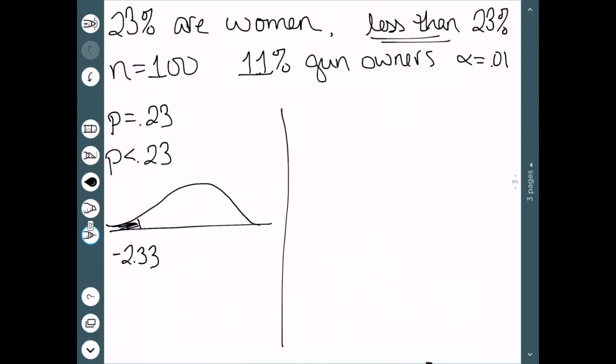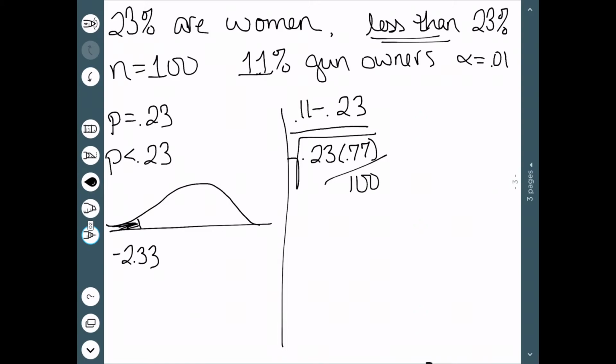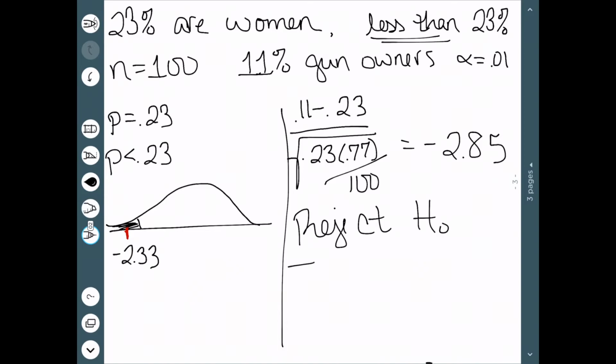Next, we want to find our test value, which is p hat, which in this case is 0.11, minus p, 0.23, over the square root of p times q, which will be 1 minus p, over n, which gives me negative 2.85. And if I look back at my picture, negative 2.85 is definitely in this reject region, so we're going to say that we reject H0, so it actually is lower.